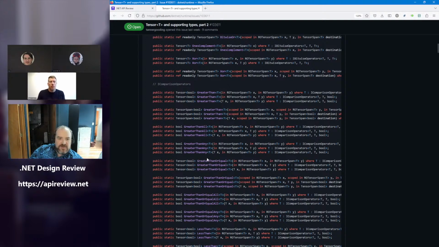Right, but if it was taking static functions, then this would have to become GreaterThan<T, TResolver>, and then you would have to call it with GreaterThan<int, Resolver.Any>, and then you'd be like, oh, that's ugly.